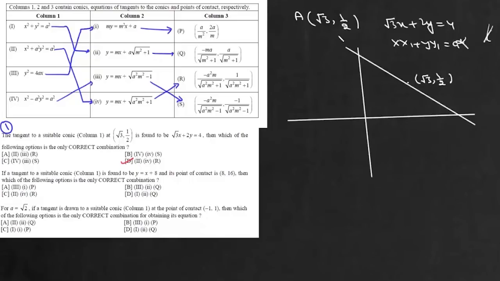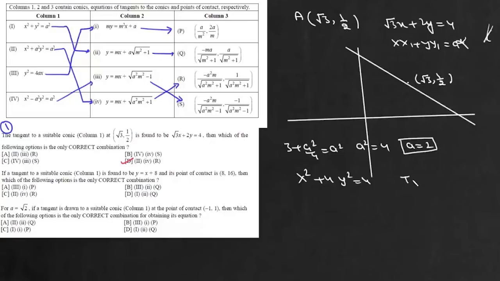Now if this point lies on this ellipse, we'll get 3 plus a square by 4 equals a square. So the value of a square is 4. That means the value of a is 2. So the equation of this ellipse will be x square plus 4y square equals 4.